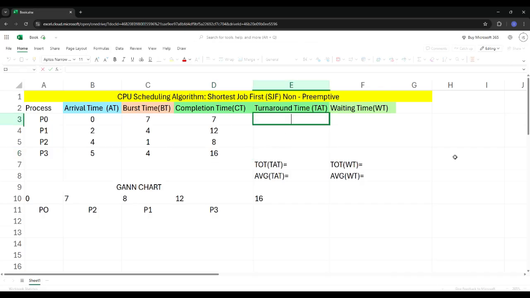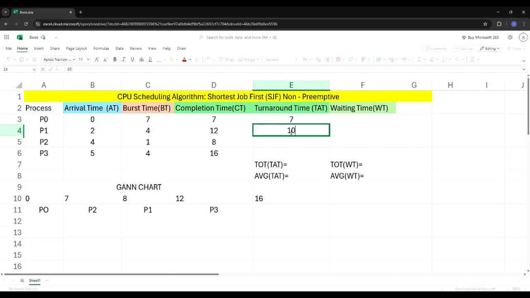Next is the turnaround time. How do we get that? You subtract the arrival time from the completion time. For P0, the completion time is 7 and the arrival time is 0. 7 minus 0 equals 7. So the turnaround of P0 is 7. P1 is 10, because the completion time is 12 and the arrival time is 2. 12 minus 2 equals 10.